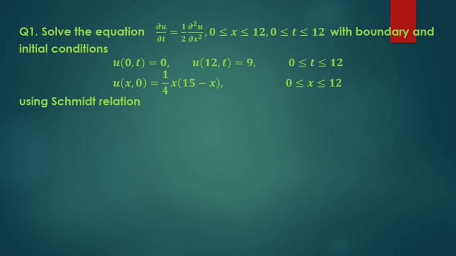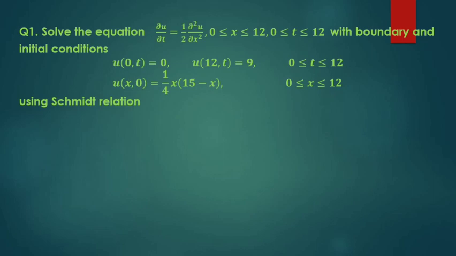Solve the equation ∂u/∂t is equal to 1 by 2 ∂²u/∂x², with 0 less than or equal to x less than or equal to 12, 0 less than or equal to t less than or equal to 12. That is, x value and t value lie from 0 to 12.